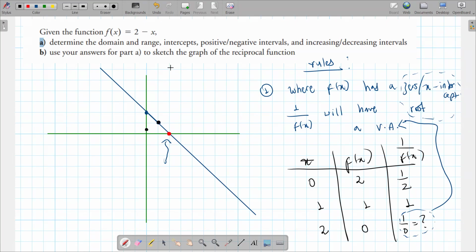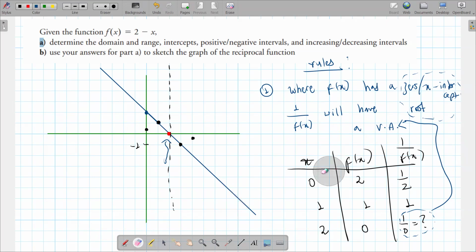Now this point becomes a vertical asymptote. Now this point is -1. I didn't write it. You don't have to write every point on the table, but this point, the y value is -1. 1 over -1 is -1, so this is going to stay unchanged. This one, the y value is negative 2, it's going to become negative 0.5, just like that. And that's rule number one.